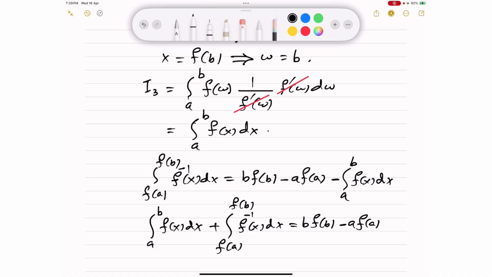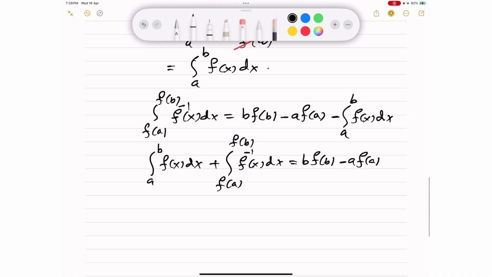This can be geometrically interpreted, because the area under f of x from a to b is exactly equal to the area under f inverse of x, but on the y-axis. So it is going to be the area of a big rectangle minus the area under f of x dx. This can be simply geometrically interpreted, but I would leave it. I would conclude the video with this proof here.